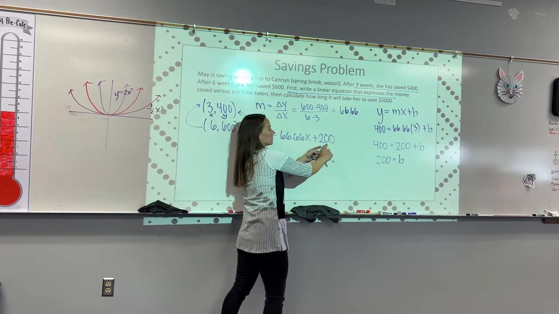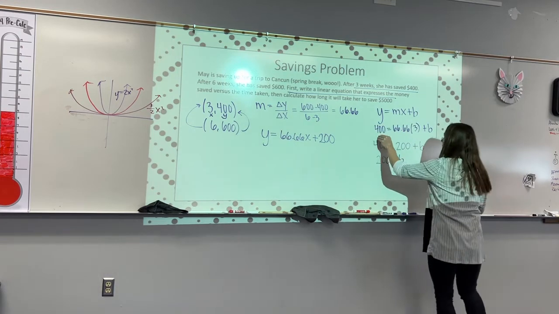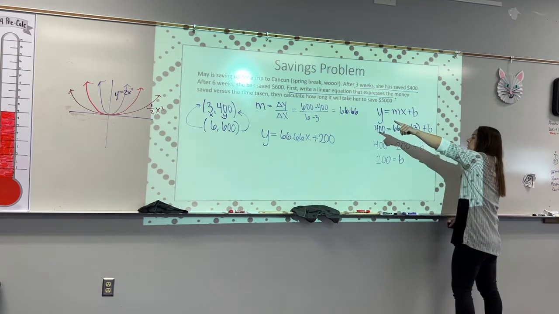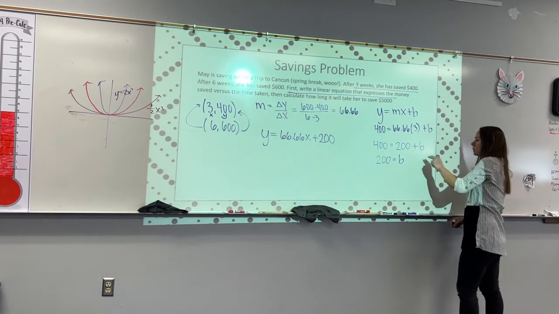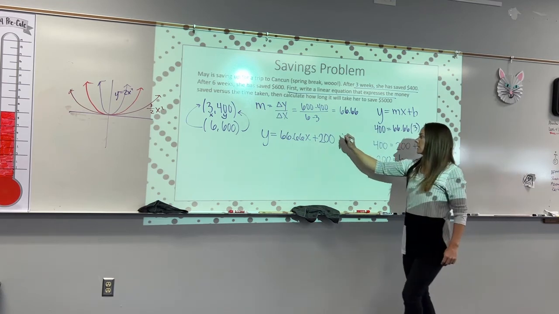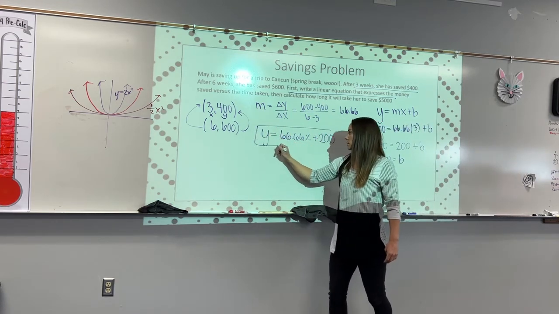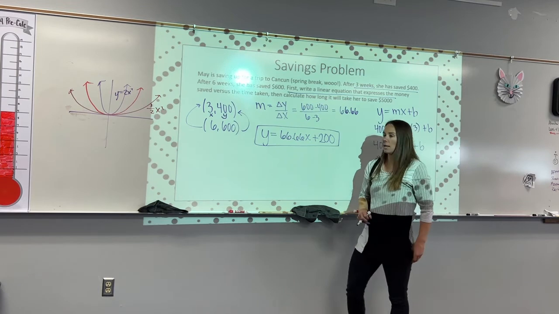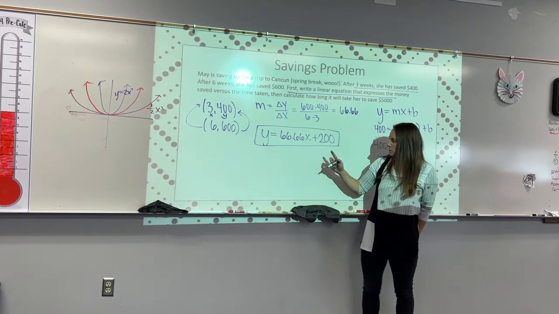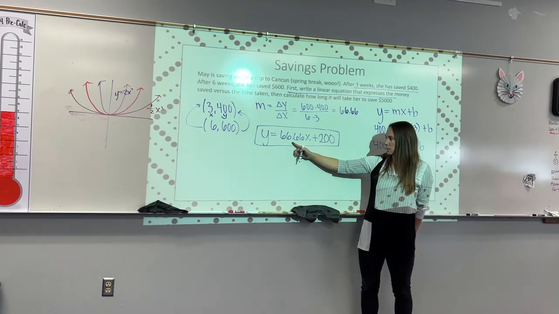Where'd I get the 200 from? From plugging in the y and the x from that original coordinate, and then just solving for what b is. So we're halfway done, we're done with half the answer. And so, what is this saying? This is actually saying that May started with $200 in her bank account, and she's getting $66.66 each week.